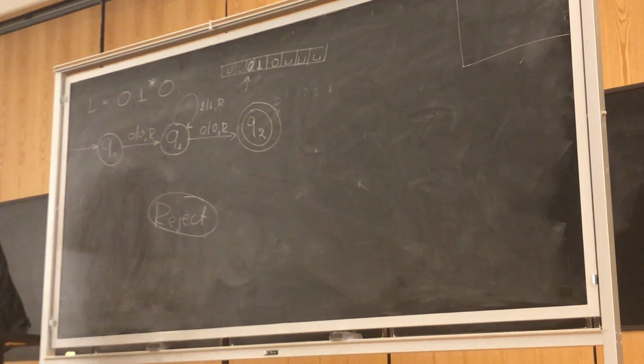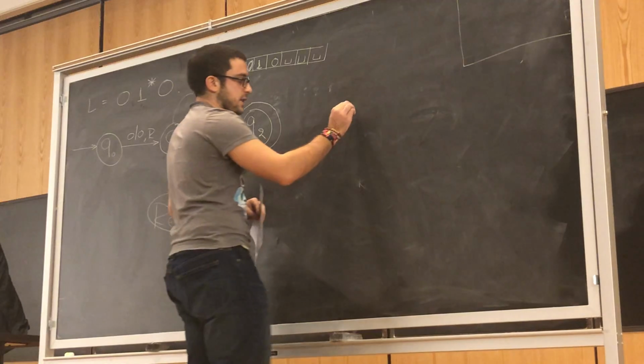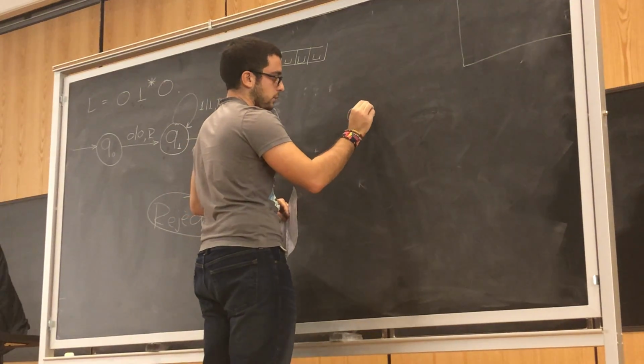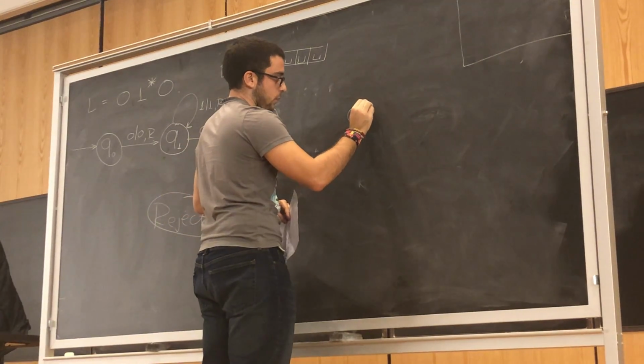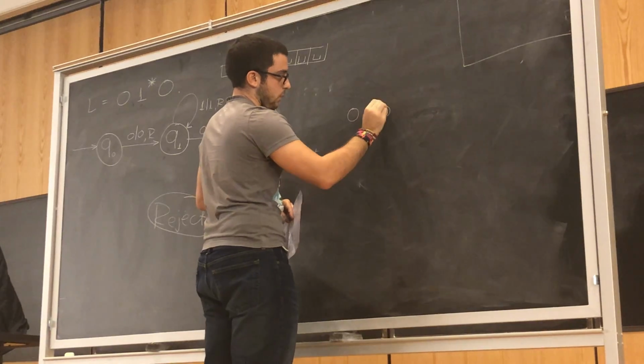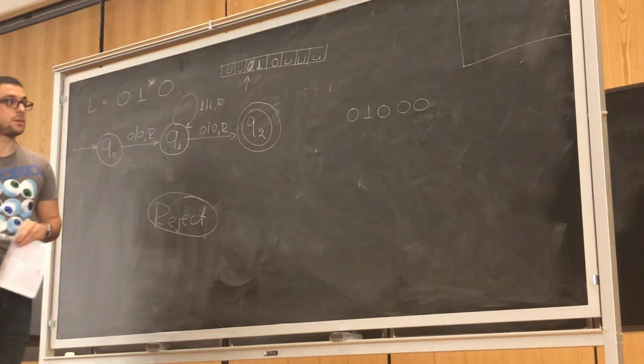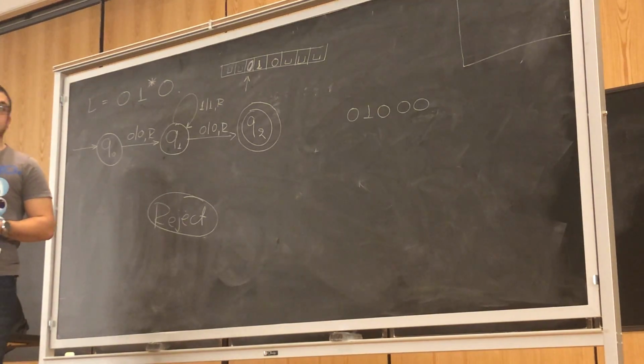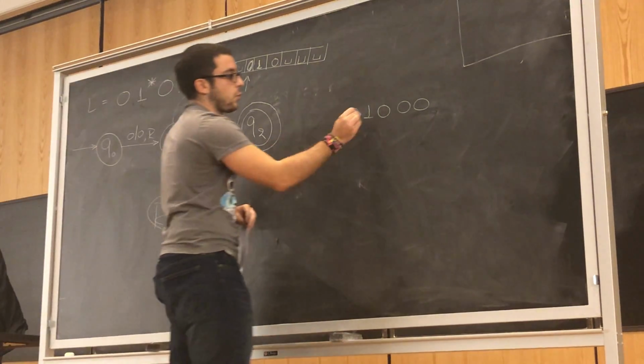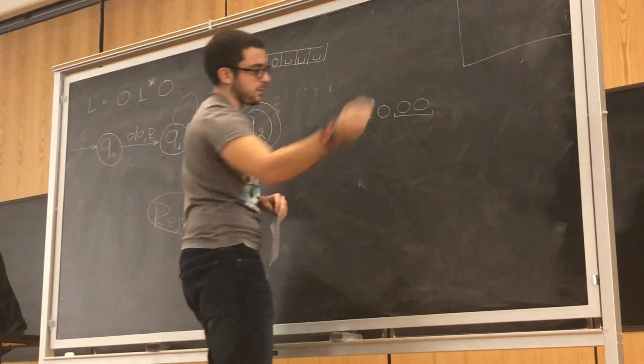So, if I read something like this, should I accept it or not? No, because I have 0, 1, 0, but then it's followed by something that I don't like.